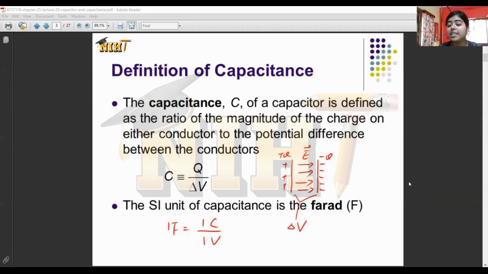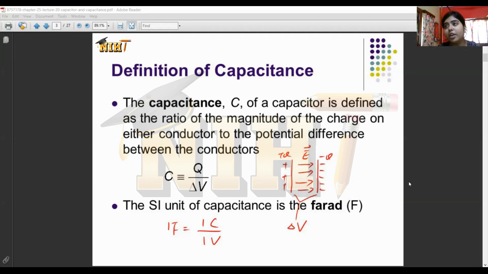And we have also discussed that if you place a dielectric material in the vicinity of the conductor, then its capacity also increases. That we already know.